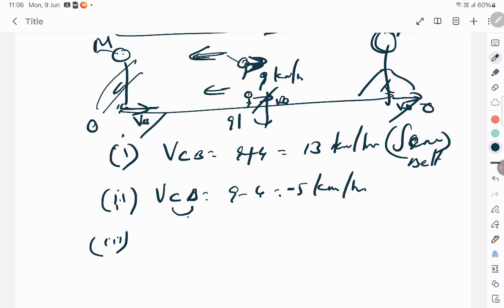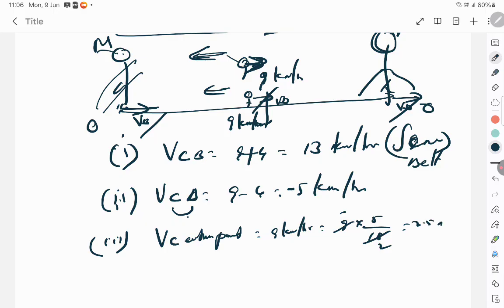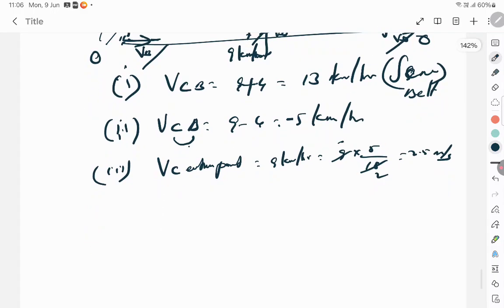The child is having the actual velocity of 9 km per hour. So then velocity of the child with respect to either parent, ignoring the velocity of the belt in every place, you get it to be 9 km per hour, which is 9 into 5 by 18, which is 2.5 meter per second. I don't have to put negative because it is either parent.